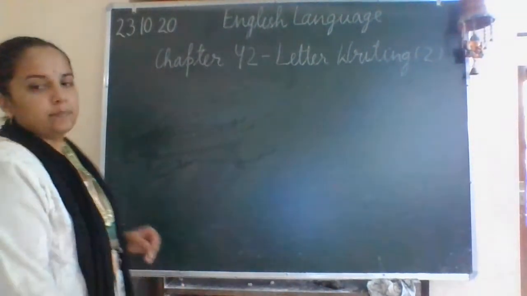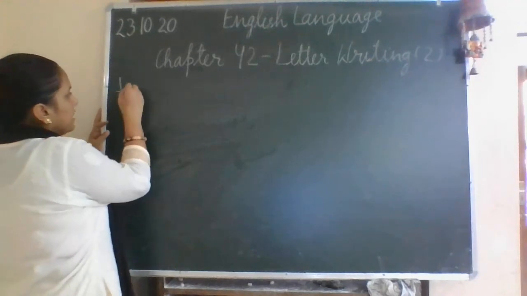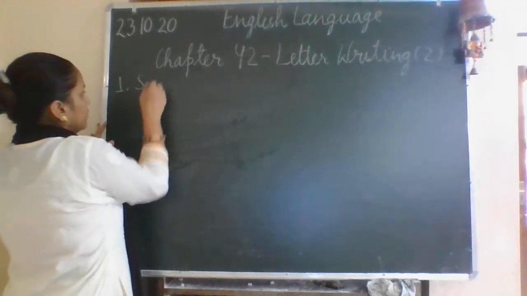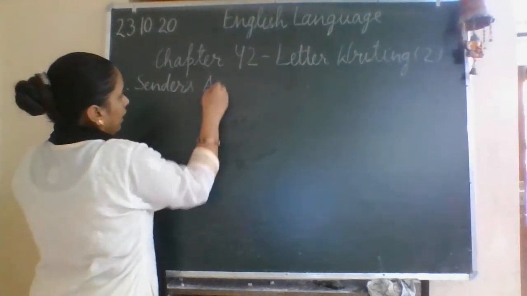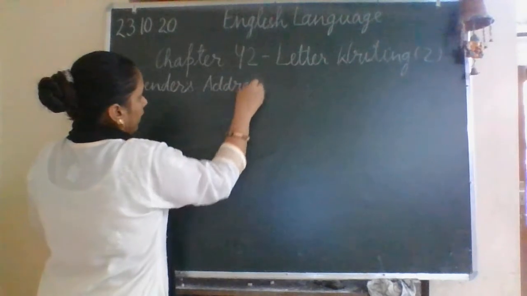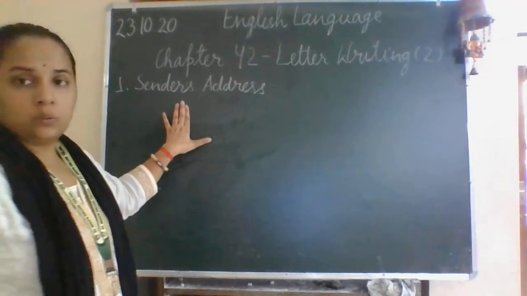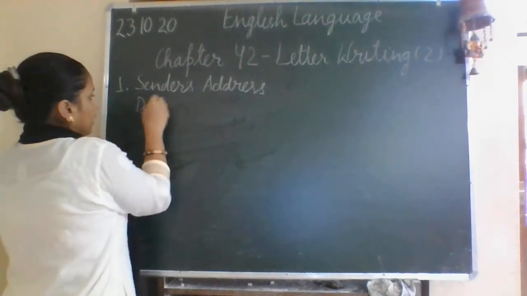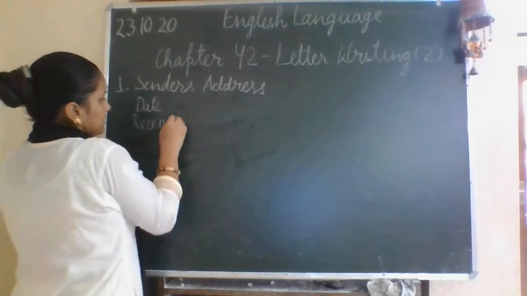So, for example, first we will discuss the format. First, we will write the sender's address. Then we will write the date. Then receiver's designation.